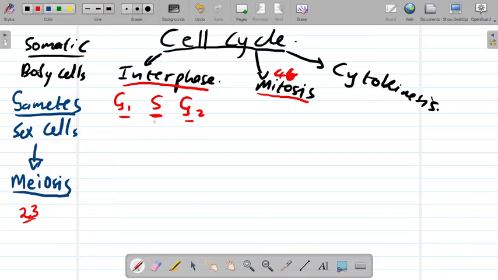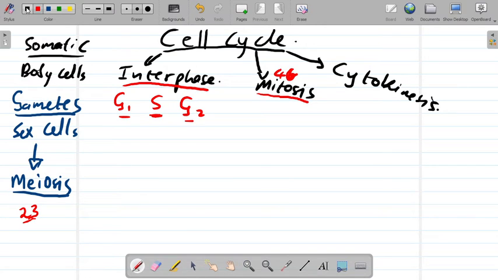Basically, it synthesizes a copy of its DNA. This is when a cell will make a copy of its DNA in preparation for what? In preparation for mitosis. So a bulk of the whole cell cycle is taken up by interphase, the longest phase in the whole cell cycle.